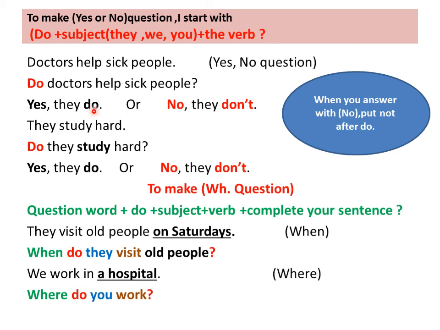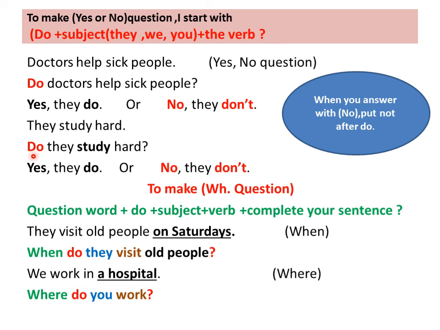Yes, they do. If you are going to answer with yes, yes, they do. Okay, if you want to say no, no, they don't. So in negative, when you answer with no, we put not after do. Another example, they study hard.